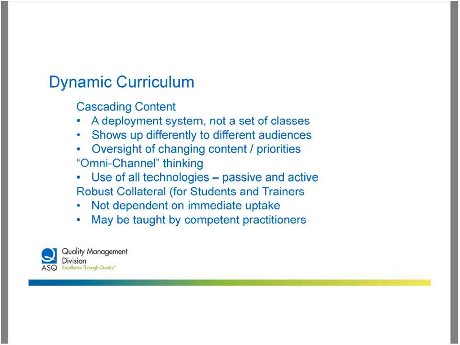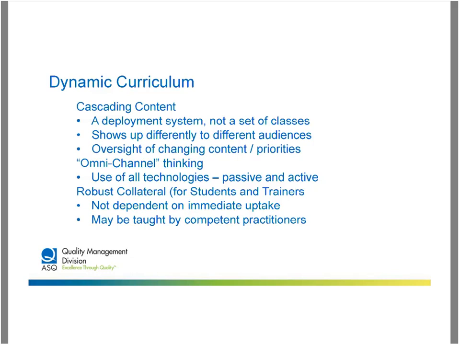So in cascading content, when people talk about, oh, what curriculum am I going to use for my Six Sigma or whatever, they always talk about, okay, I'm going to buy that program. And we're saying, no, it's not a book that you're supposed to learn out of. It's a system that you can configure to make it appropriate for the right place.